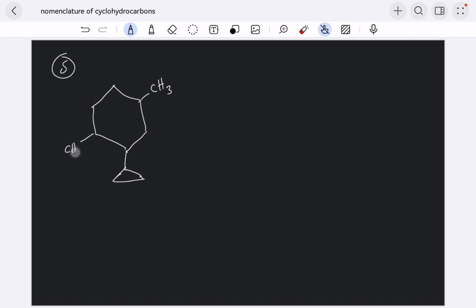We can have a more complex scenario, where let's say we have this as a parent, and then this is branched to this, and then let's say we have this CH3 here, and we have CH2, CH3.